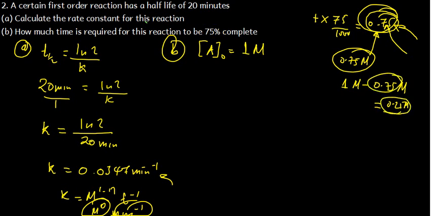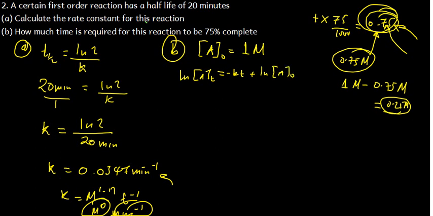So using the one which remained, we can calculate the time. Because this is a first order reaction, we can go on and use the formula. For a first order reaction, we know that natural log of the concentration at a certain time t is equal to -kt plus natural log of the initial concentration.